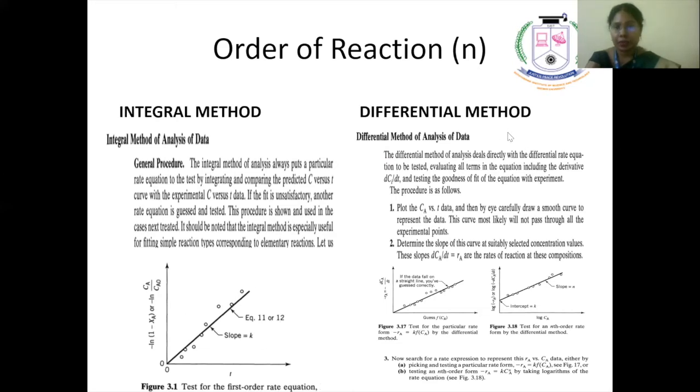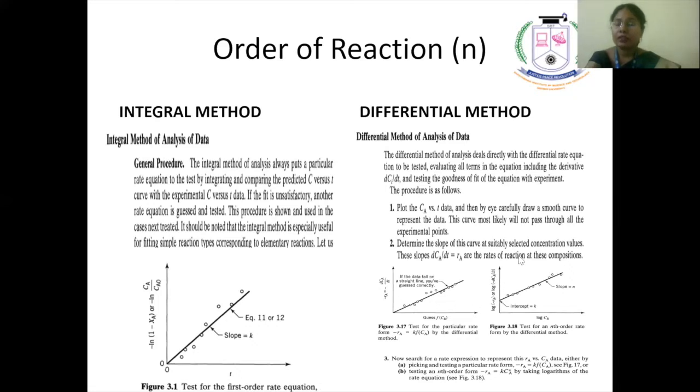Next is the differential method to find the order of the reaction. Differential method of analysis deals with the differential rate equation to be tested, evaluating all terms in the equation, including the derivative dCi/dt, and testing the goodness of fit of the equation with the experiment. First we plot the CA versus t data, and then draw a smooth curve to represent this data.